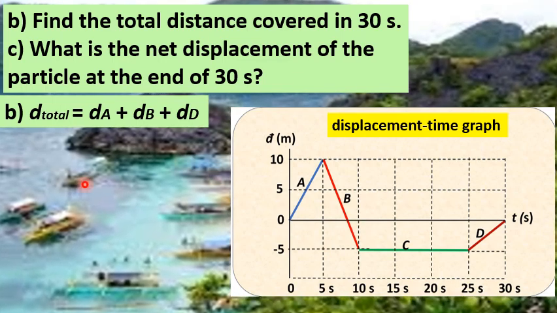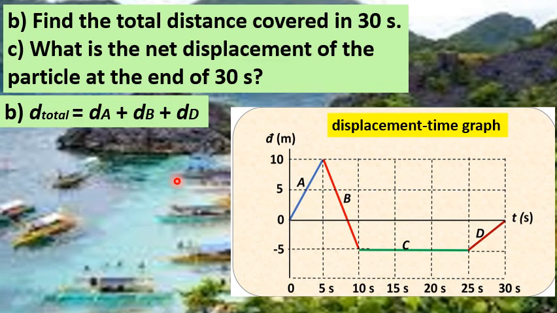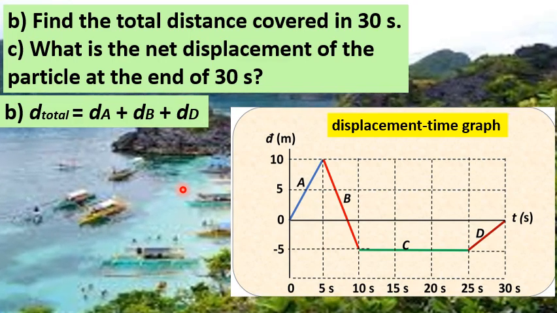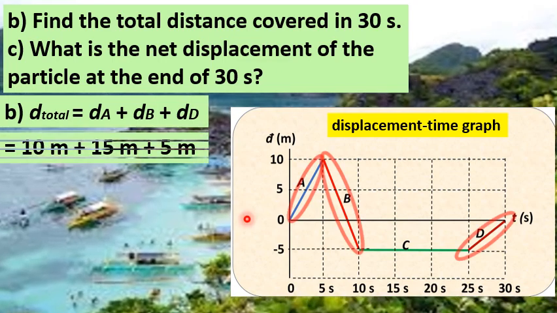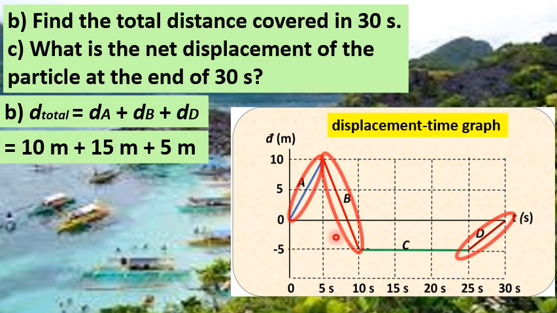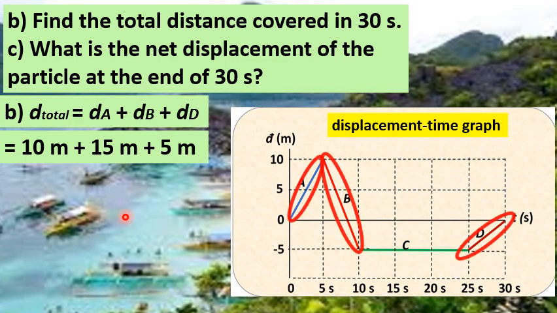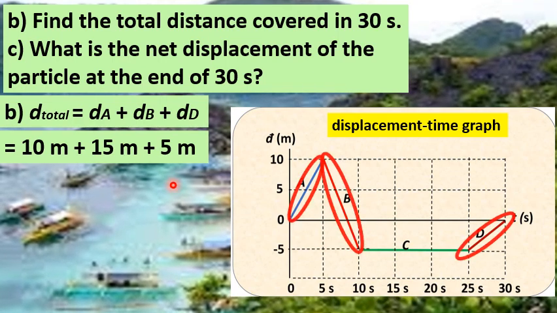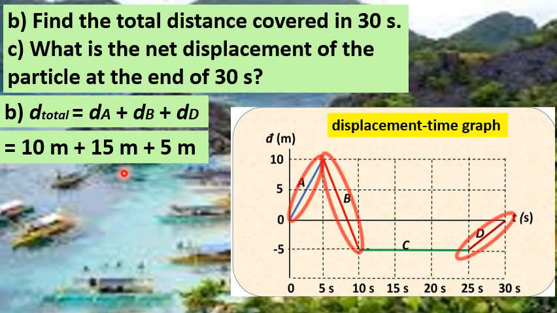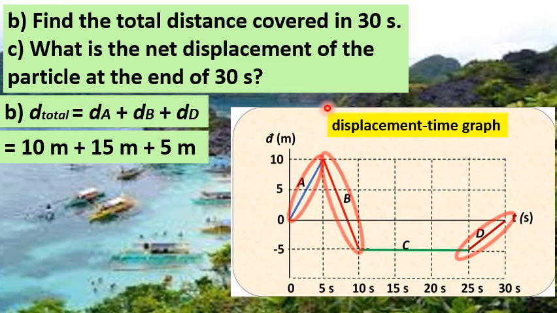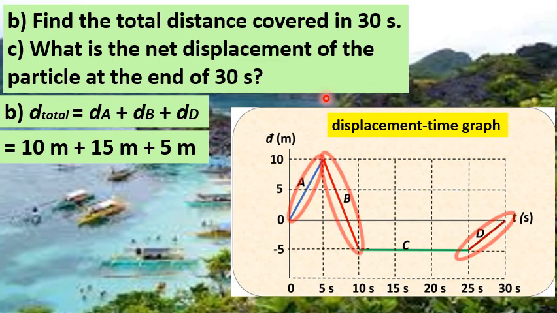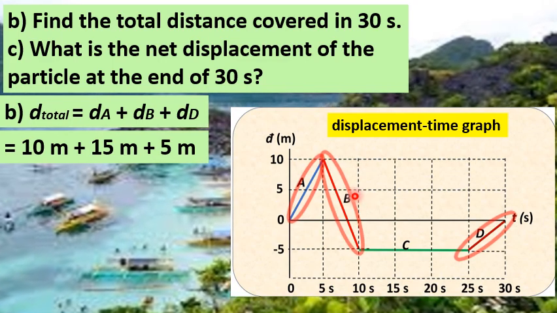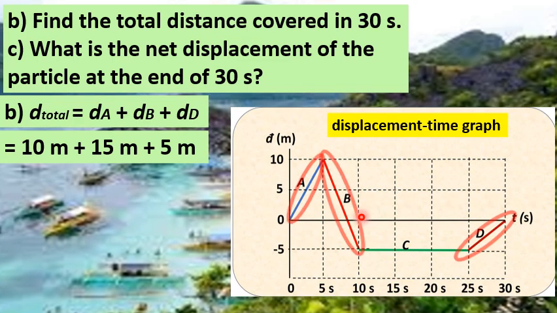So, in our formula for total distance, we are just adding the distances represented by segments A, B, and D. That is, the total distance for segment A is equal to 10 meters, plus the distance represented by segment B, which is in fact 15 meters. Why? Because from 5 seconds to about 7.5 seconds, it has traveled 10 meters.